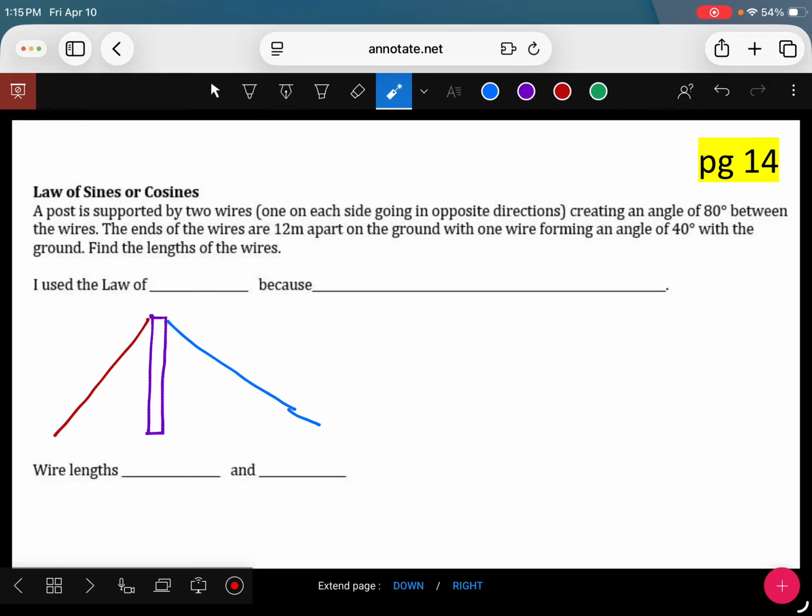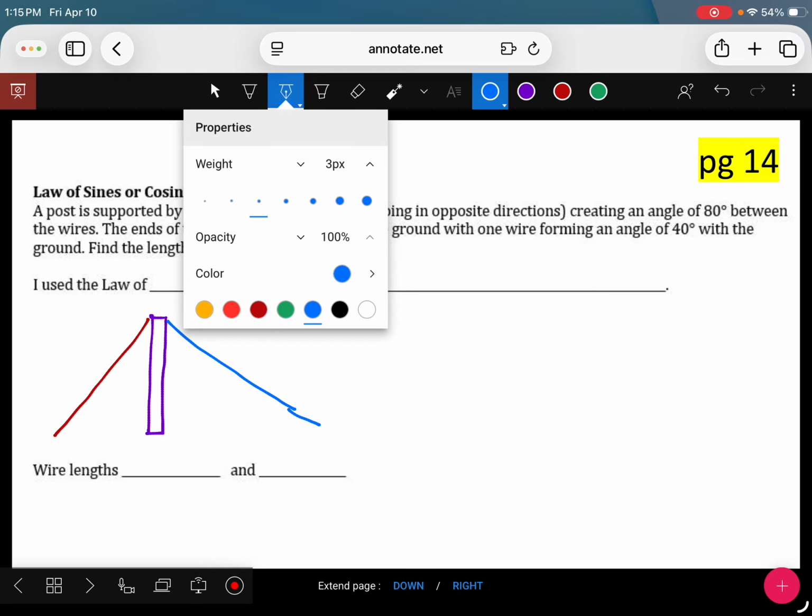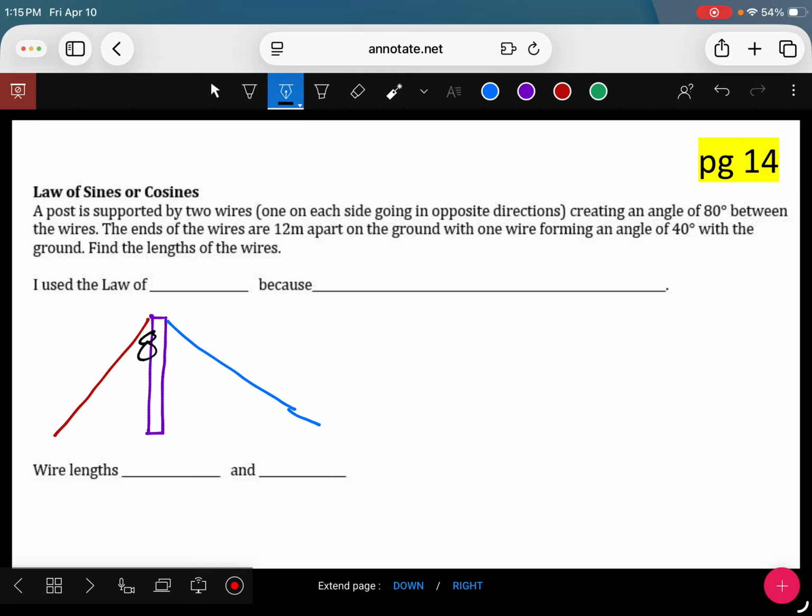So since my wires are coming together right here, that's where I'm going to put my 80-degree angle. 80 degrees. And then it tells us that the wires are 12 meters apart. And one of the wires forms an angle of 40.